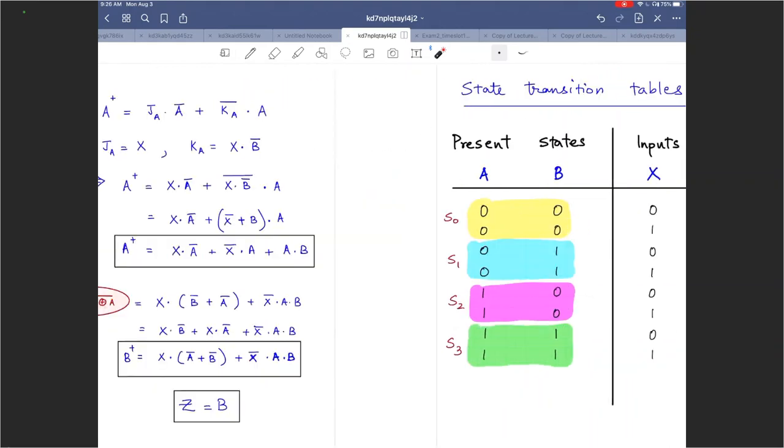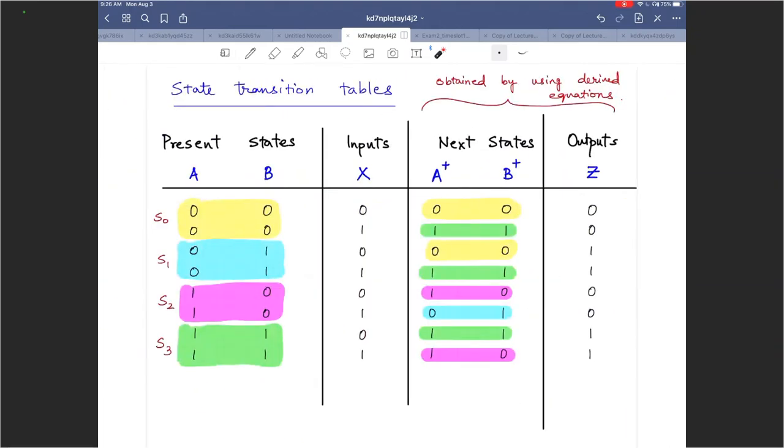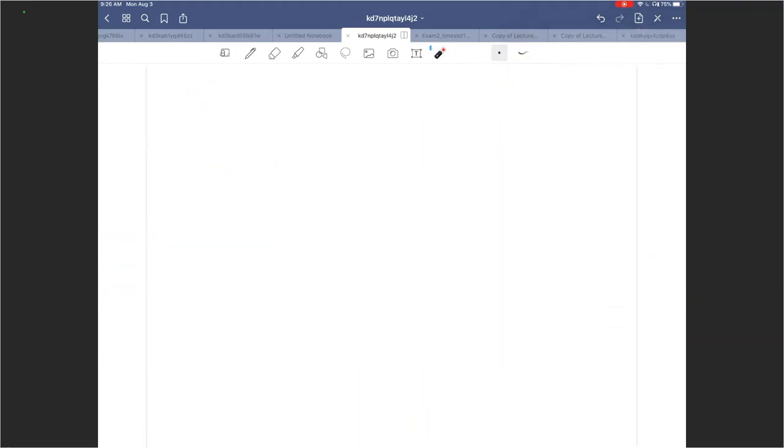I think we were doing a Moore machine, right? Yes, B is Z. So how can I do this? How many circles do I need based on this? How many states do I have? S0, S1, S2, S3. So 4 states, 4 circles. Absolutely right. So let's draw 4 circles here.